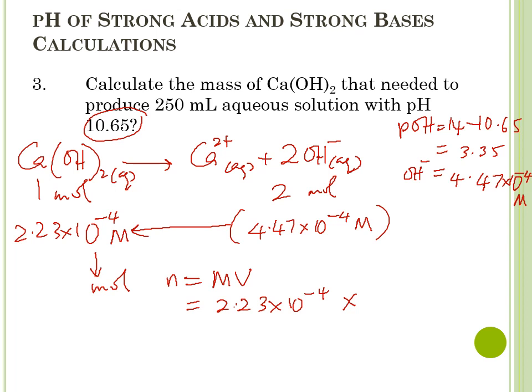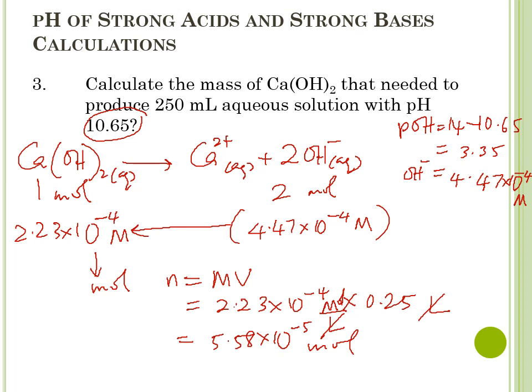Is the volume given? Yes, 0.25 liters. This is molar. So molar is mole per liter, right? So we cross out the liter and we get 5.58 times 10 to the power of negative 5 moles.